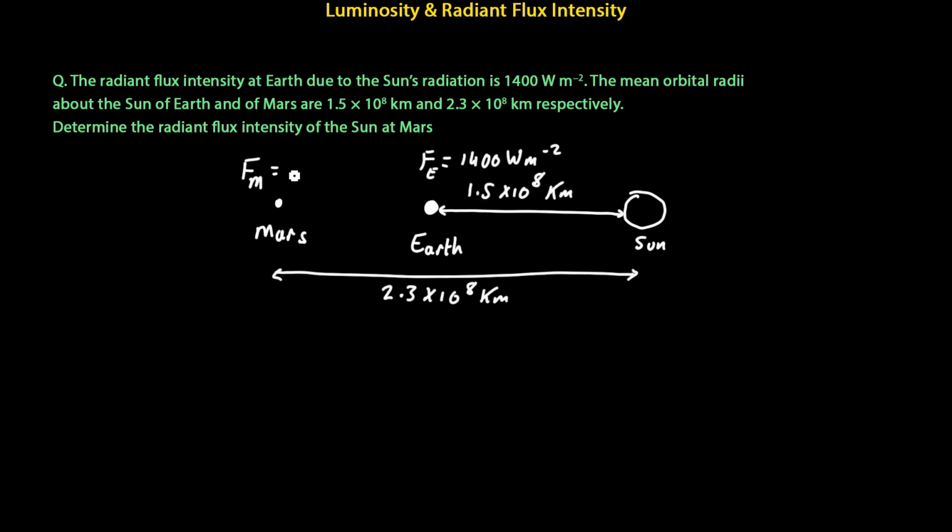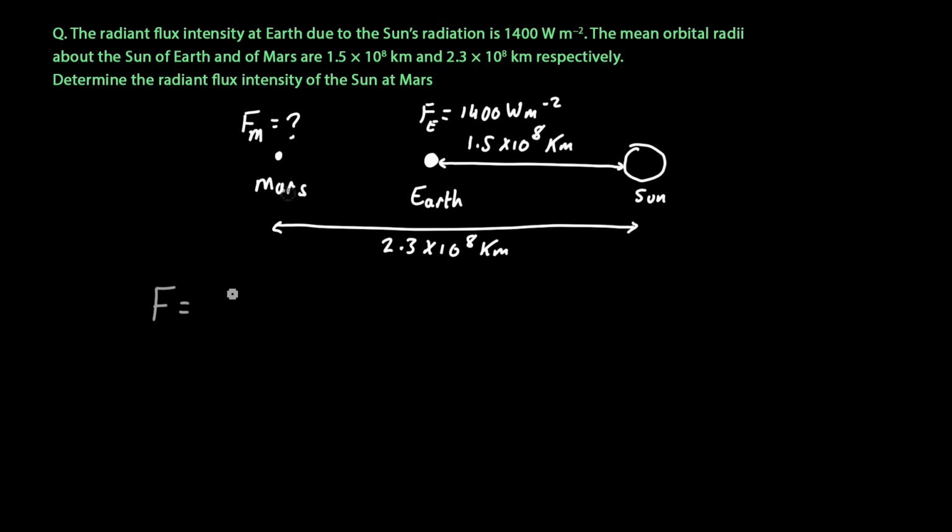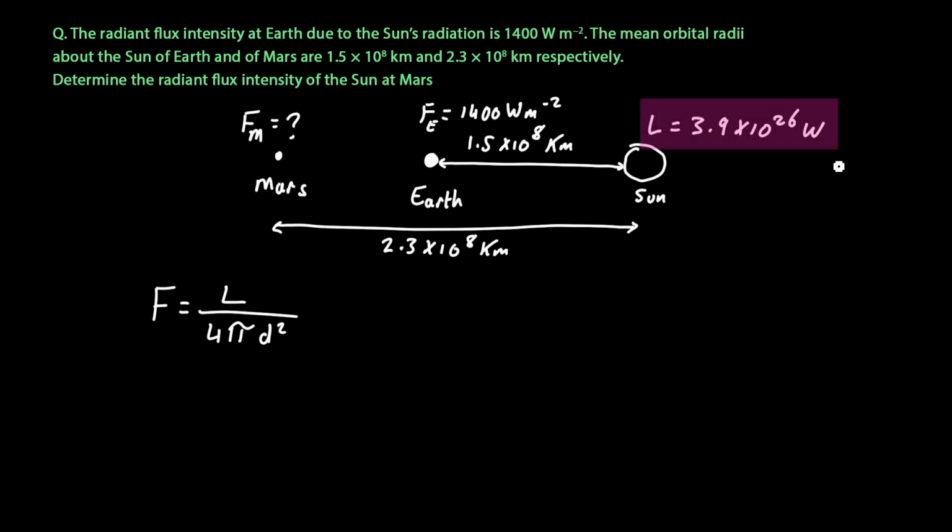So if we remember our equation for the radiant flux intensity, this is equal to the luminosity divided by the equation for the surface area of a sphere, so 4 pi multiplied by the radius of this sphere squared. The only variable that isn't going to change for our question here is the luminosity value of the sun.